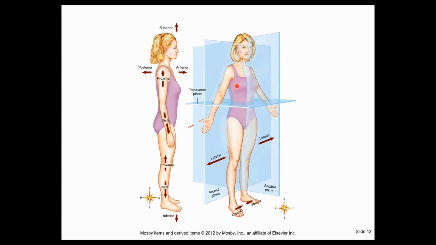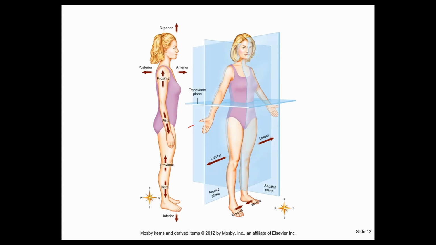That's your mid-sagittal. But as I said, there are not only mid-sagittal planes, but many sagittal planes that can slice the body anywhere between the right and left parts of the body, dividing it into right and left parts.